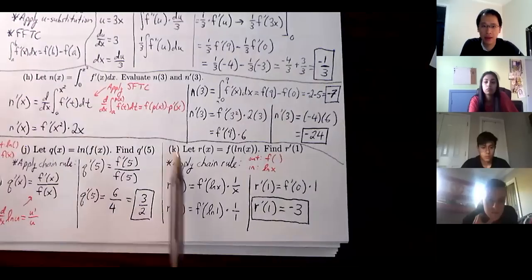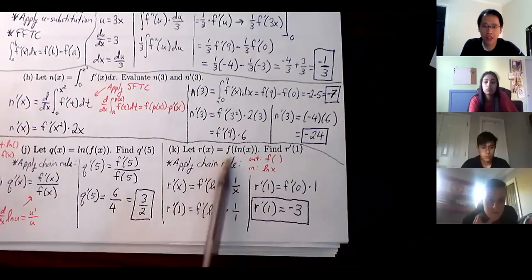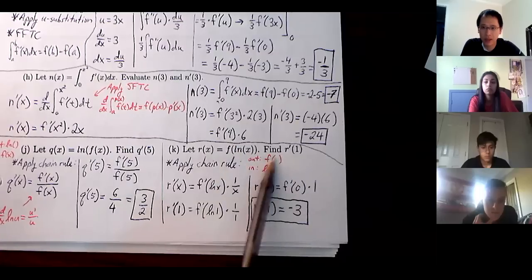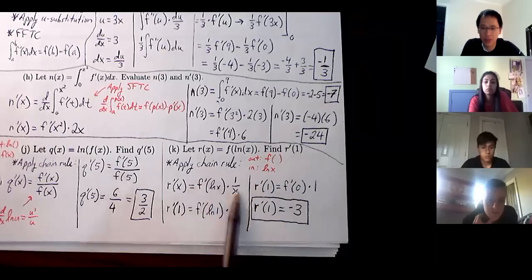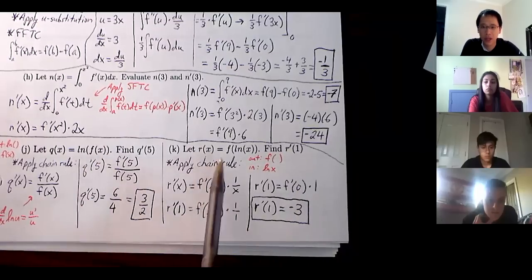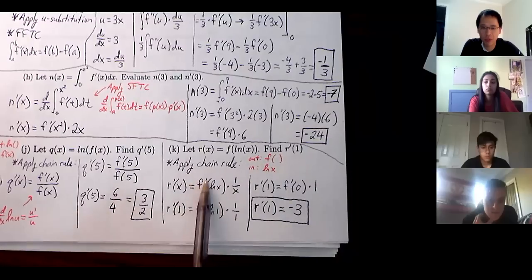All right, part K. R of x equals f of natural log of x. There's an outside portion, there's an inside portion. The outside portion is the f parentheses. The inside portion is the natural log of x. So we take terms with their derivatives and make sure that you don't combine it into one thing, that you're separating them into two distinct locations. F parentheses becomes f prime parentheses. Natural log of x becomes 1 over x.